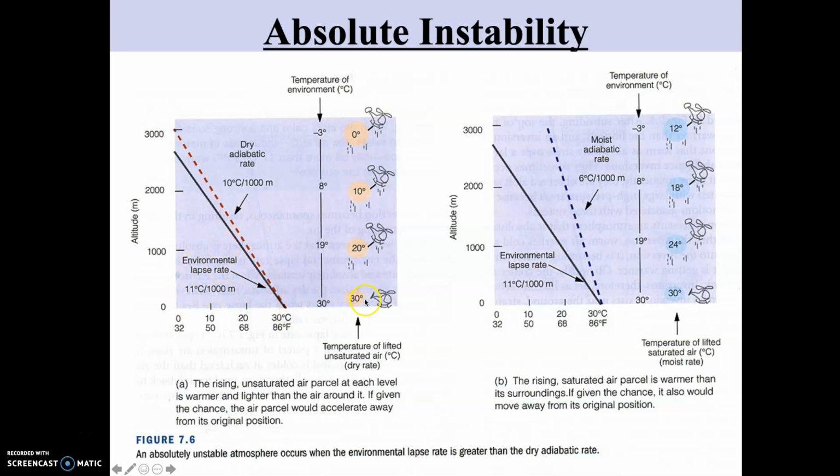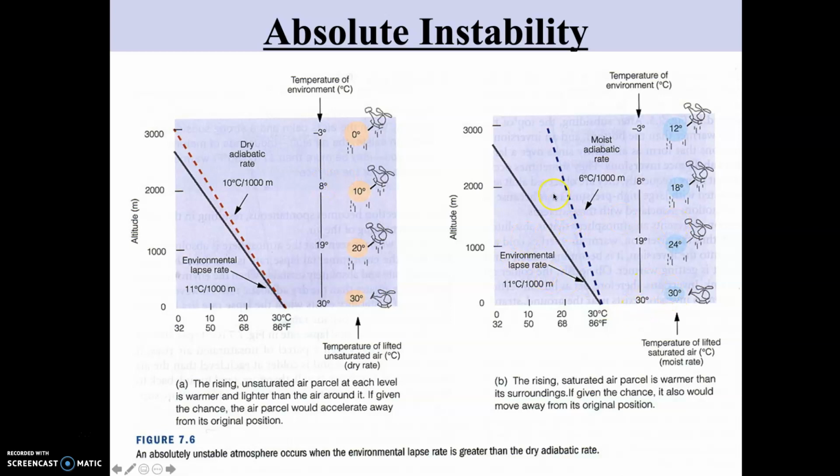If you take a parcel and force it, it's dry, it moves at the dry adiabatic lapse rate. Again, it goes up, it's 20. It is warmer than the environment, 19. Wants to move up another kilometer, it's 10 now, because it's moving at the dry adiabatic lapse rate of 10. It's warmer than 8. The parcel is always warmer in this scenario, so in the dry case, it's unstable.